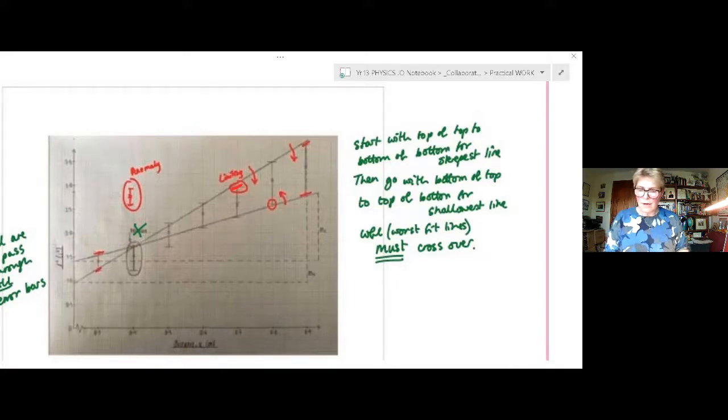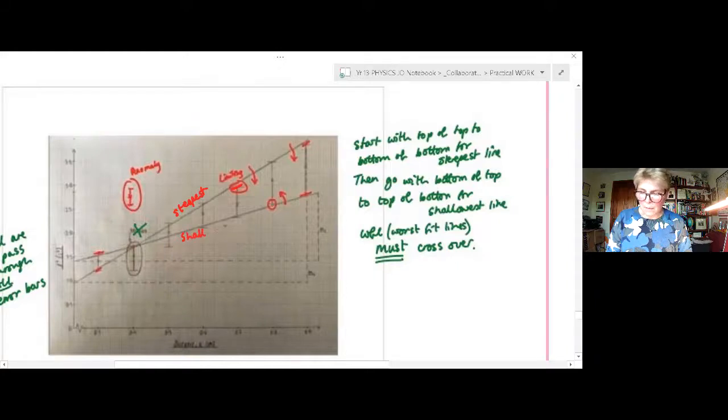Now, if you find that one is off completely, then you can circle it and call it an anomaly, all right? But in this case, where the candidate has circled it, I don't think that's an anomaly at all, because the points do go through the line of the error bars, okay? So once you've got those 2 lines of worst fit, you've got the steepest and you've got the shallowest.